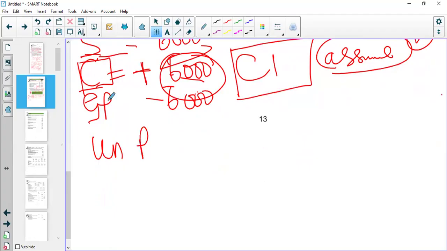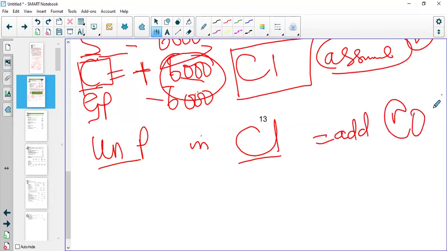So how do we deal with unrealized profit? When we prepare the entire income statement, starting from sales, we have unrealized profit in closing inventory. We said this should be added to cost of sales.